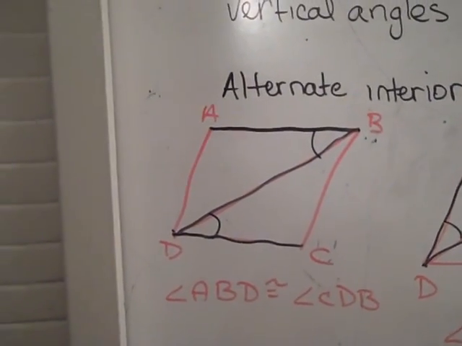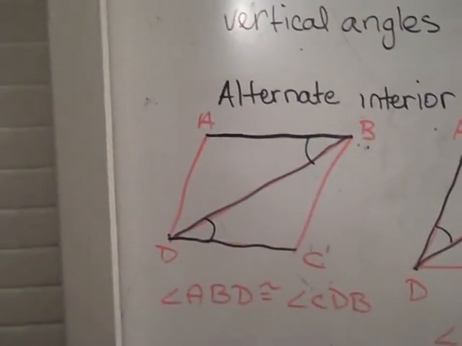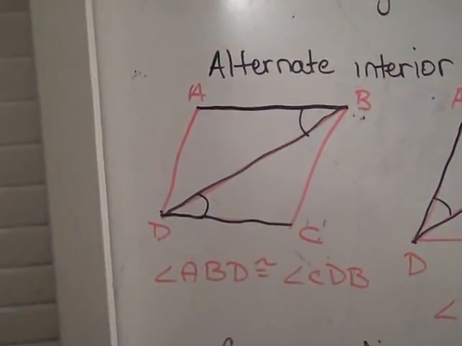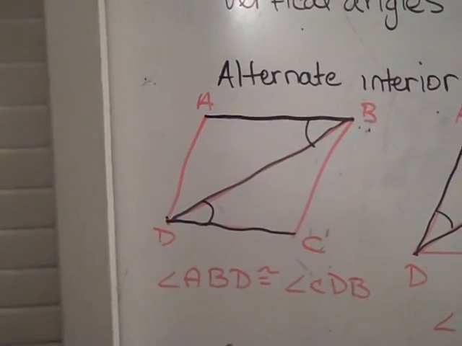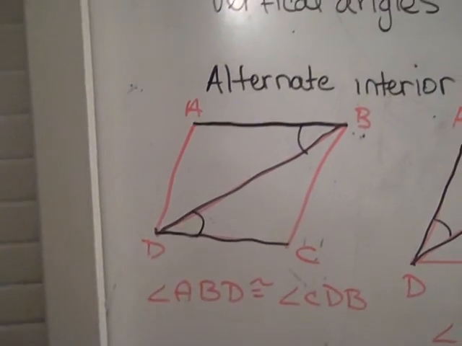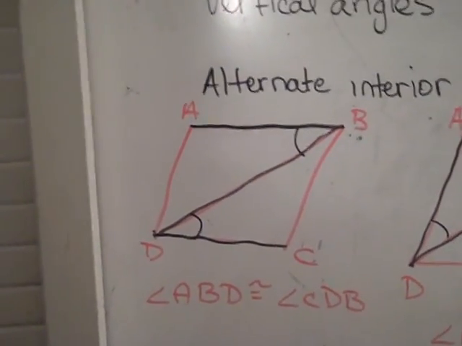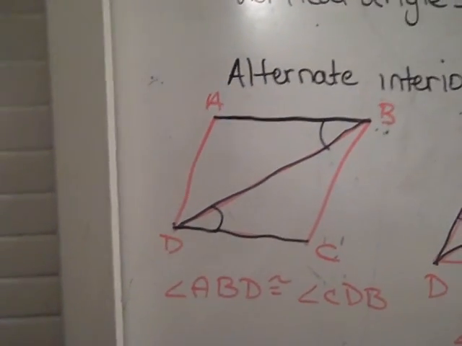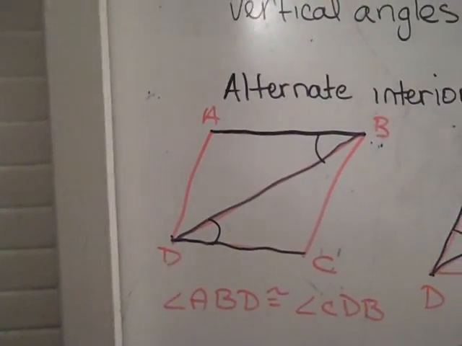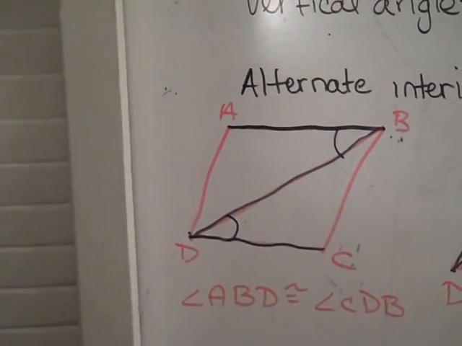And because they are parallel and they share a reflexive side, that means that angle ABD and angle CDB have to be congruent. Again, the information that you're looking for is if you're told that they're parallel, this is going to happen when your top and bottom side are parallel.